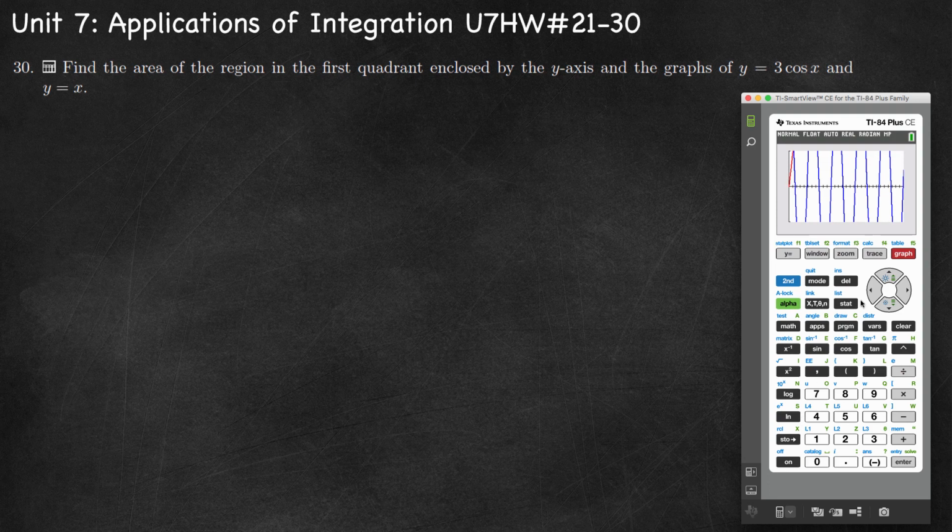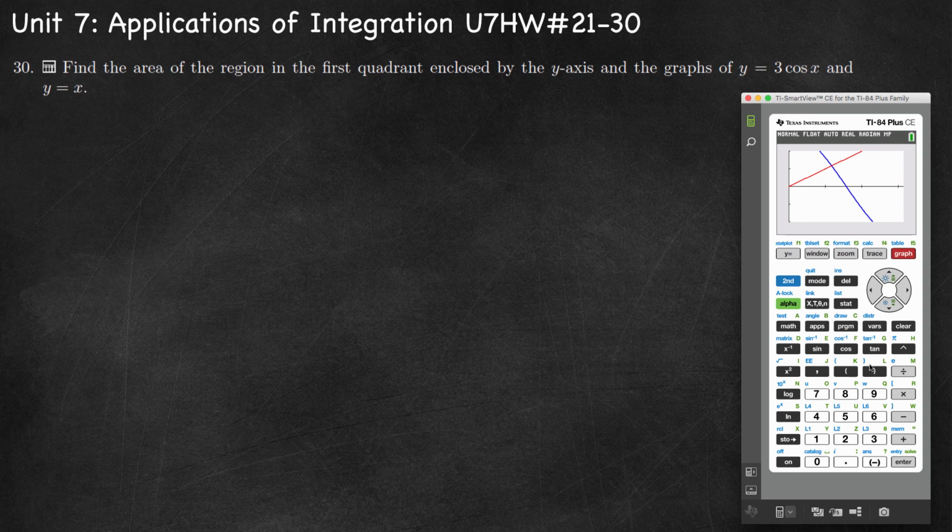And that's not a great window. We're going to go from 0 to, well, let's try 0 to pi. Okay, better, but now I got to adjust my y's. So y's, let's go -2 to 2. See how that does. Okay, that might be all we need.